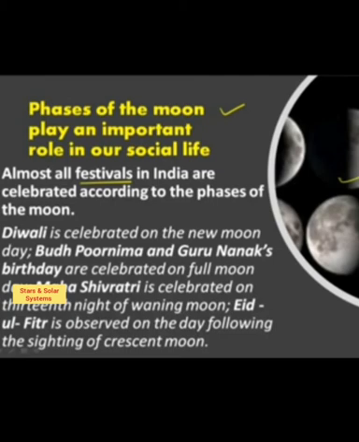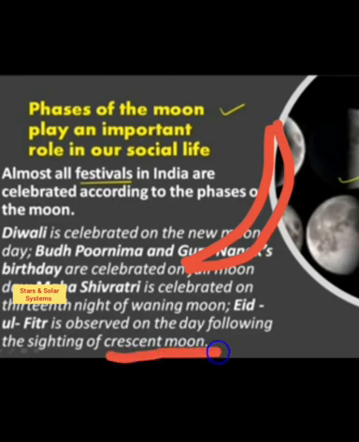Then there is Eid-ul Fitr, that is the festival of Muslims. Right now you have seen one type of moon that was said to be crescent moon. Here it is written also. Eid-ul Fitr is observed on the day following the sighting of the crescent moon. Means on the day we see the moon, Eid-ul Fitr is not celebrated.